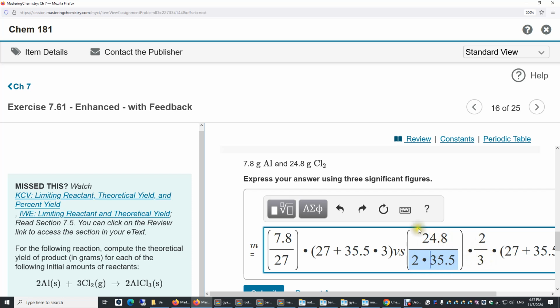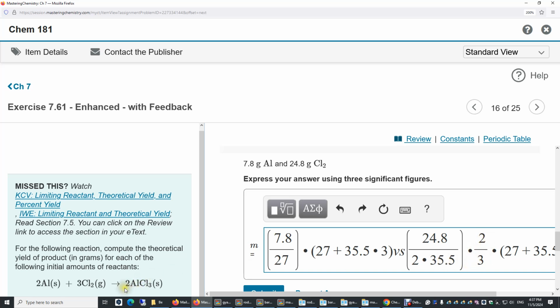Again, we can use the amount of aluminum to predict the number of moles of product, which is 7.8 over 27. We can use 24.8 grams of chlorine 2 to predict the amount of product as well, which is 24.8 over the molar mass of chlorine 2. Each chlorine is 35.5, so I have 2 chlorine atoms on the bottom.